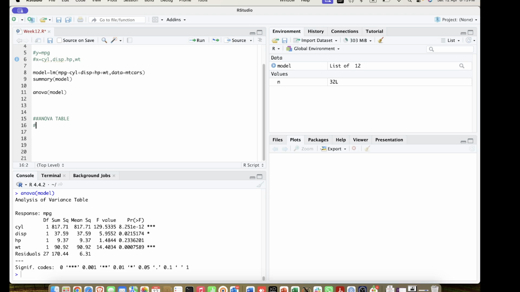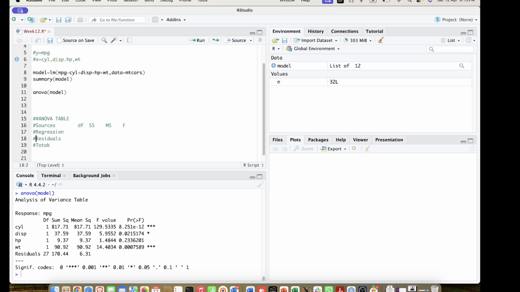then here I have to write sources, DF, SS, MS, and then the F statistic. Okay, so sources: one is regression, one is residuals, and one is total.